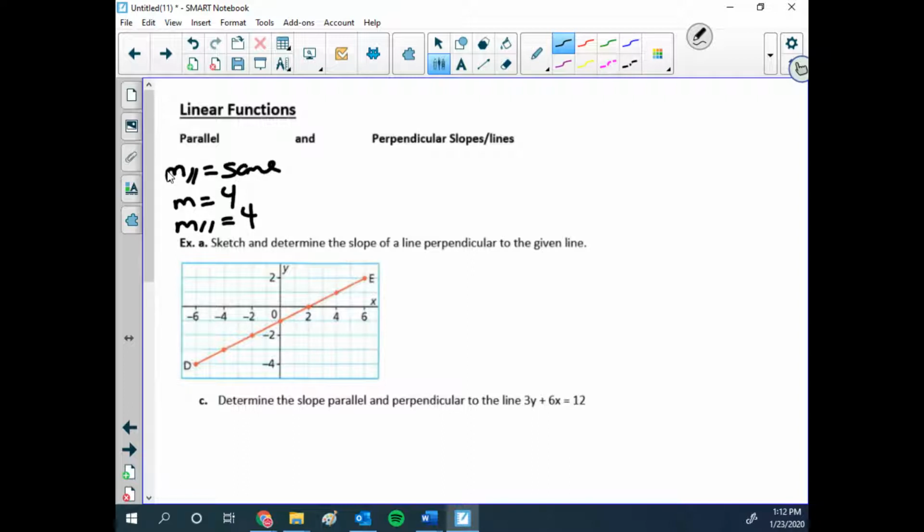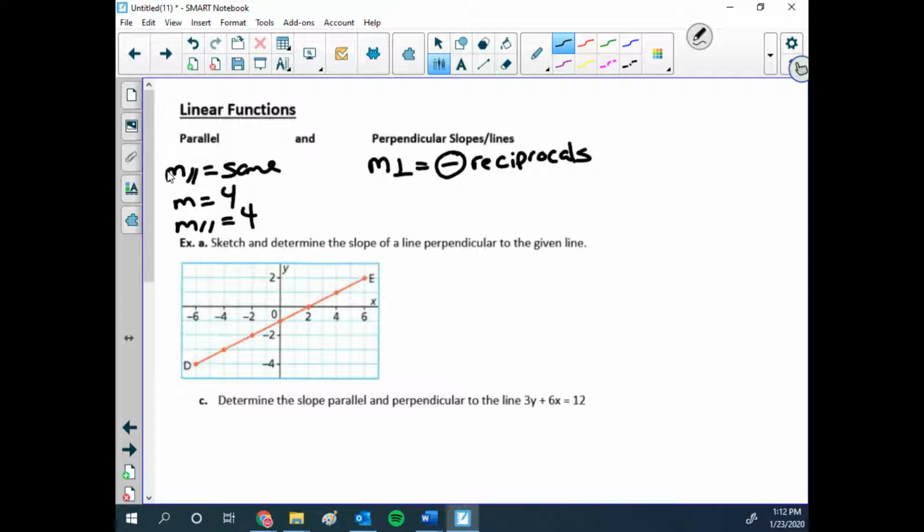Perpendicular slopes are going to be slopes that are what? Negative reciprocals, yeah. And if you don't know what a negative reciprocal is, that's taking the number you have, times it by -1, and flipping it.